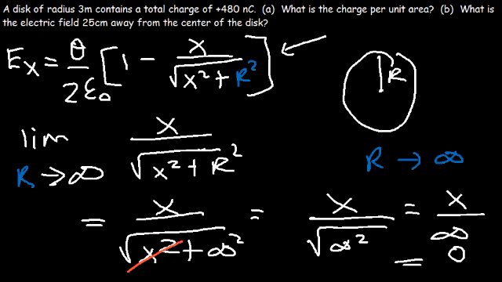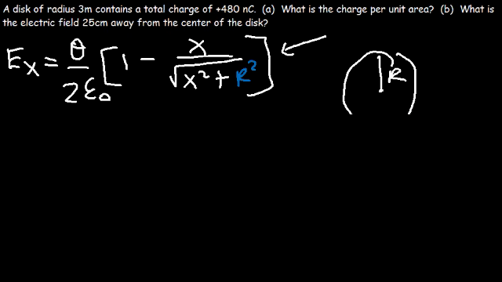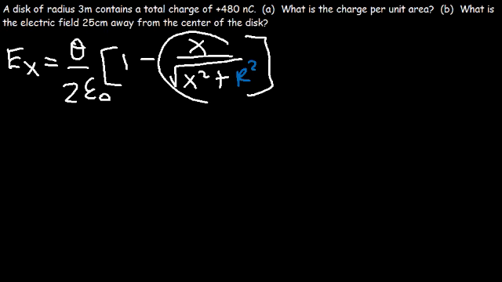For example, 10 divided by 1,000 is 0.01. 10 divided by 1,000,000 is even smaller. That's like 0.00001. So this approaches 0. As r becomes very large, this term approaches 0.